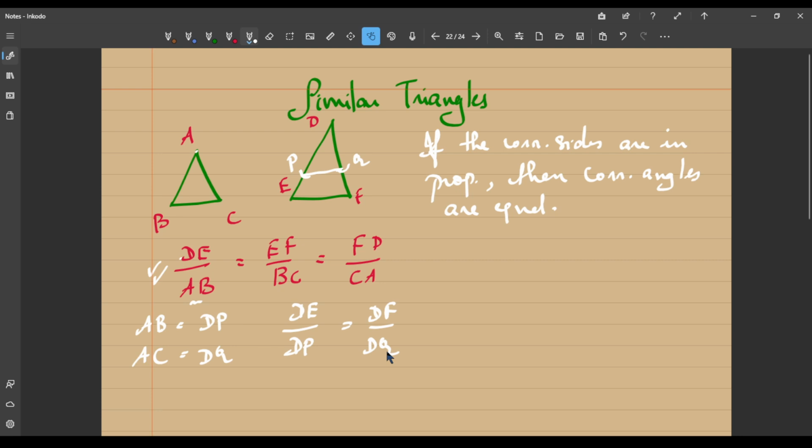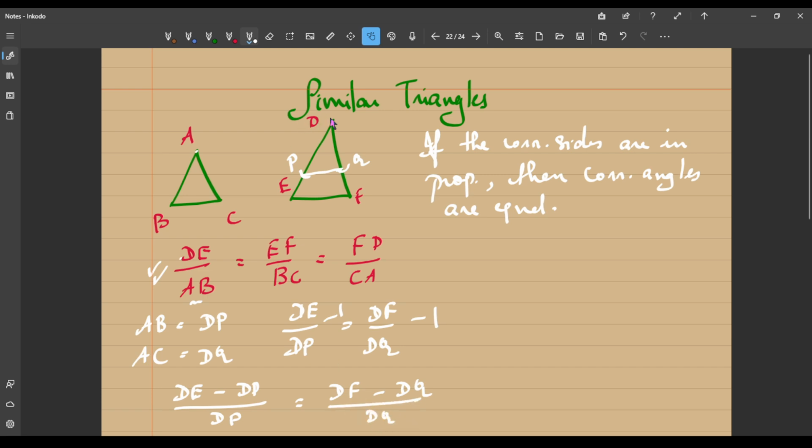But we have to find whether there is any relation between DP, PE, DQ and QF. So for that purpose, let's have DP as it is in the denominator. We need it. And let us just subtract 1 from both sides and see what happens. You have DE minus DP by DP is equal to DF minus DQ by DQ.